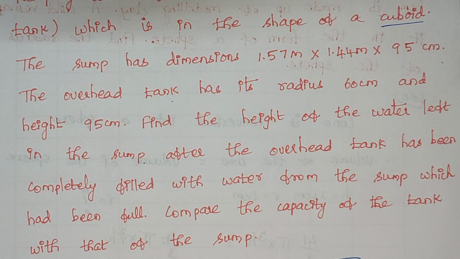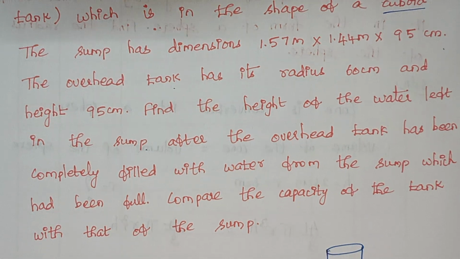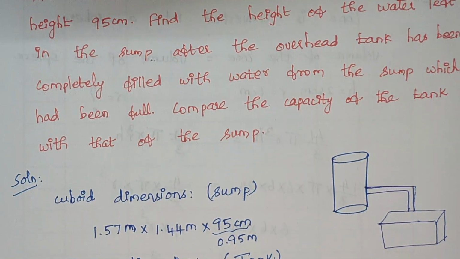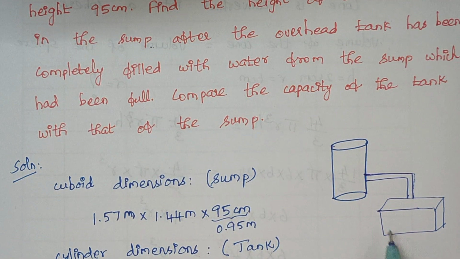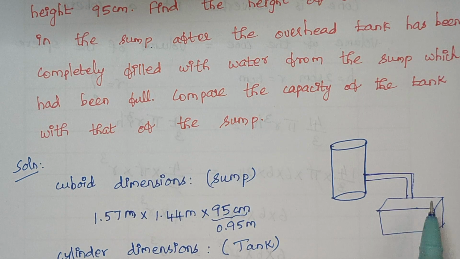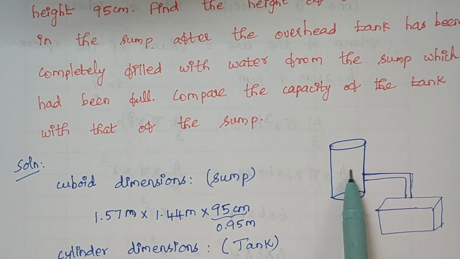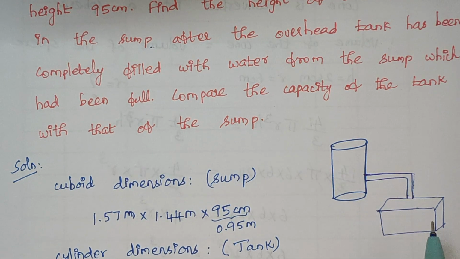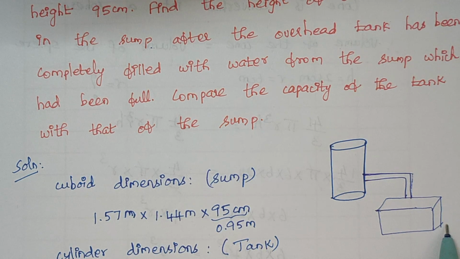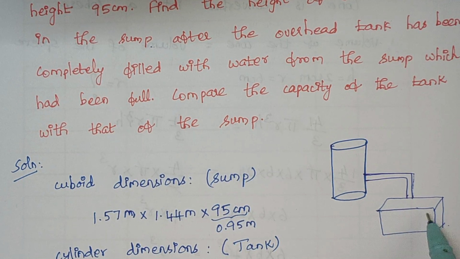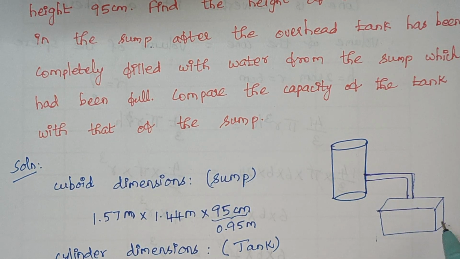Let me explain with this diagram. This is the sump, which is in the form of a cuboid, and this is your overhead tank, which is in the form of a cylinder. Initially the cuboid is completely filled with water.